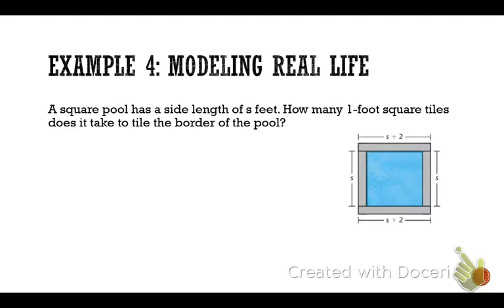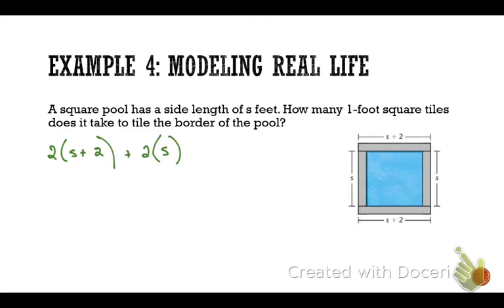So if I asked you to write a distributive property expression, you would say 2 times (S +2), because there's 2 sides that are S +2, plus 2 times how many sides are just S? 2 sides are just plain S. So that's why I multiply 2 times S.